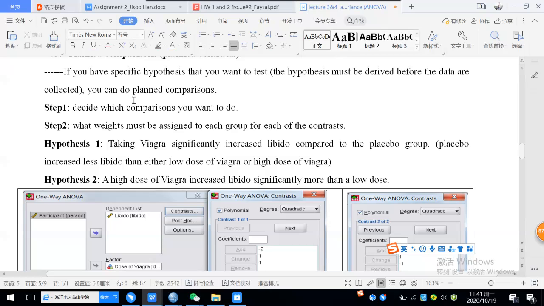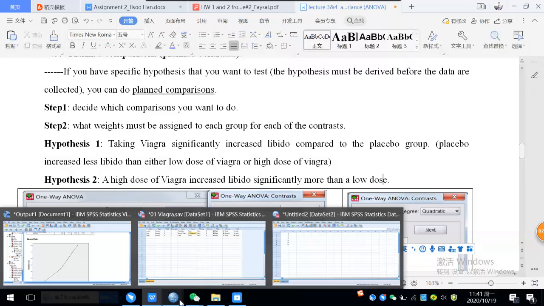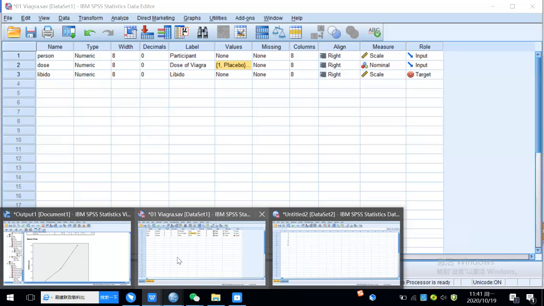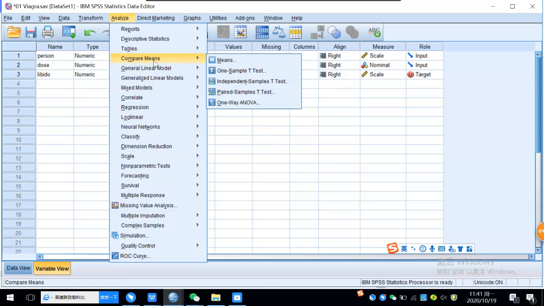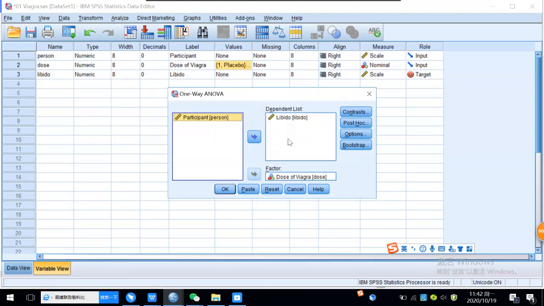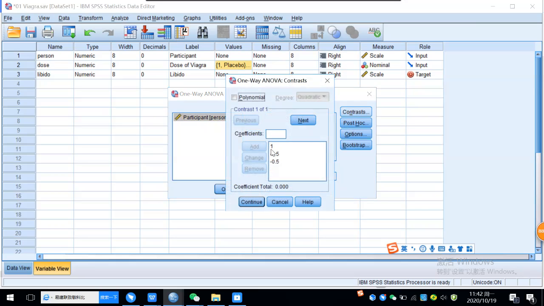Okay, so let's look at here. Analyze, also compare-means, one-way, and over here libido, yes, contrast. Second, okay, remove. Okay, so we will not compare placebo, so placebo is 0, right?